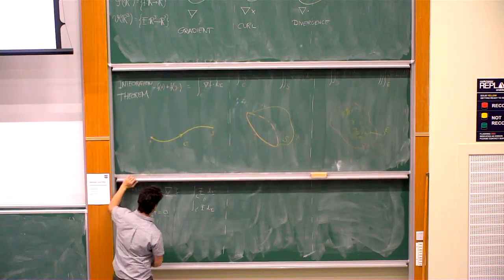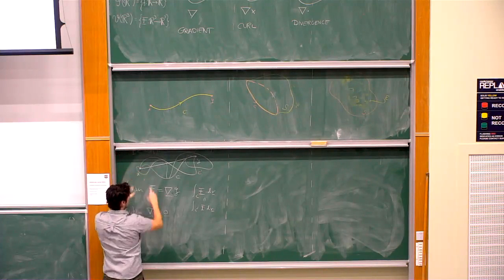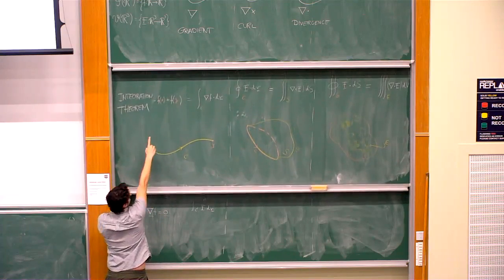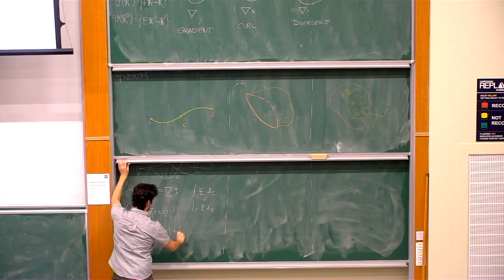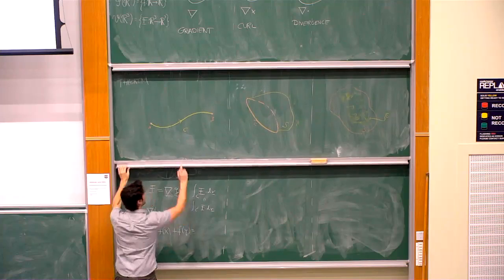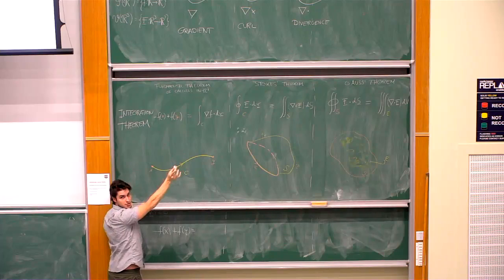According to the theorem, the value of the function at y minus the value at x equals the line integral over c, for c any curve joining them.